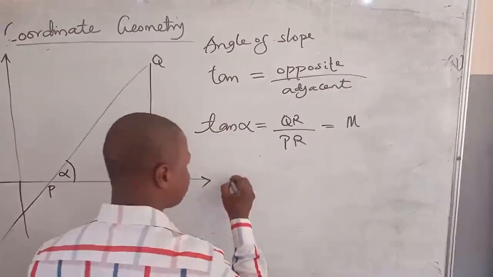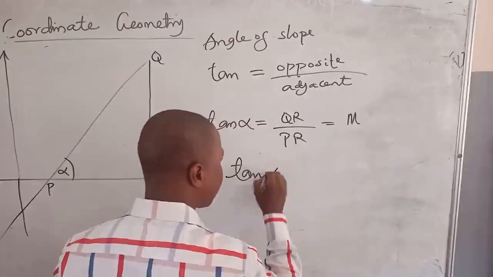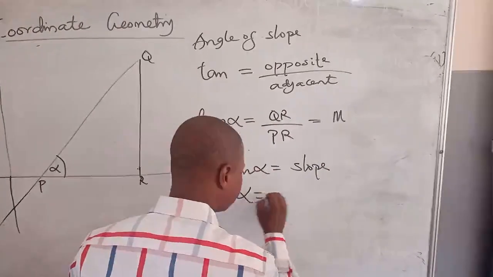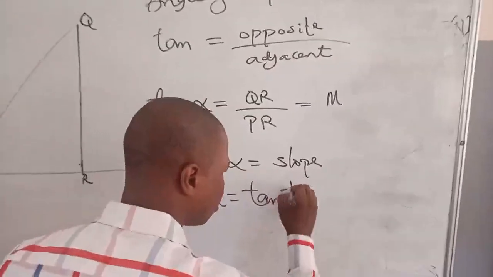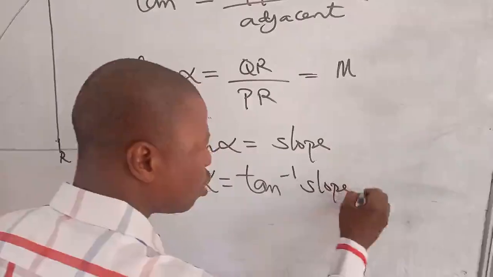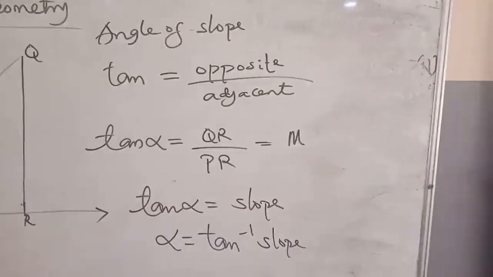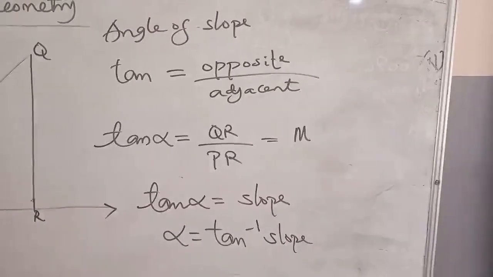So to find the angle of slope, we have tan alpha equals slope. Alpha equals tan inverse of whatever the value of your slope is. So let's solve some questions and see how to apply this formula.